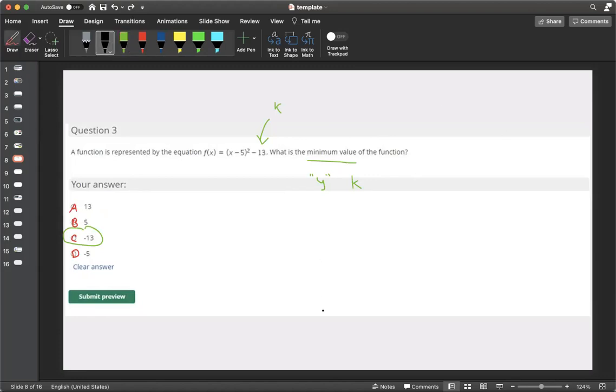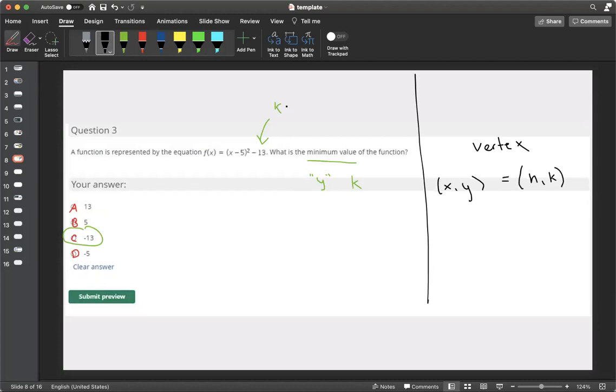Now let's do a what if scenario. What if they asked us for the vertex? So we need to know our vertex is x comma y, or the vertex is going to be our h comma k.